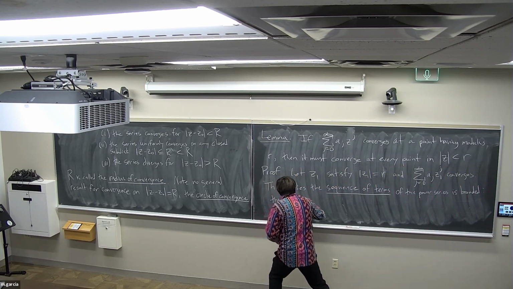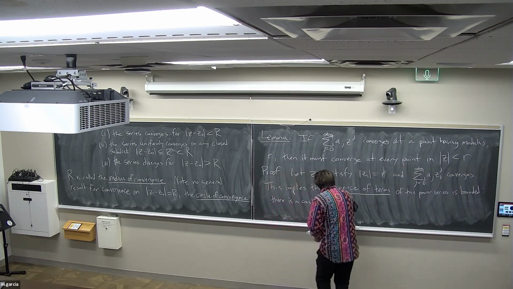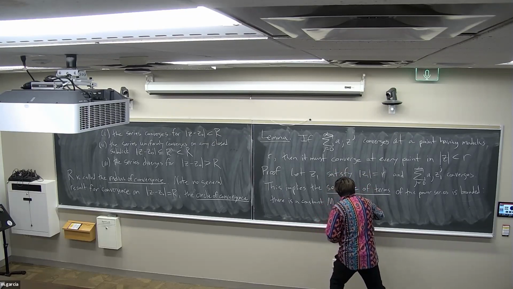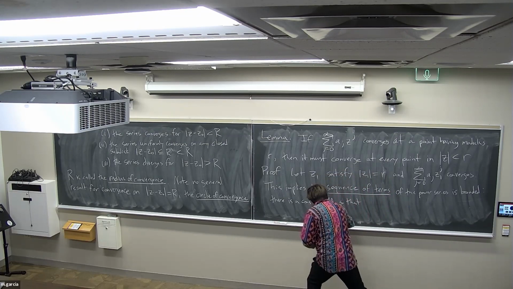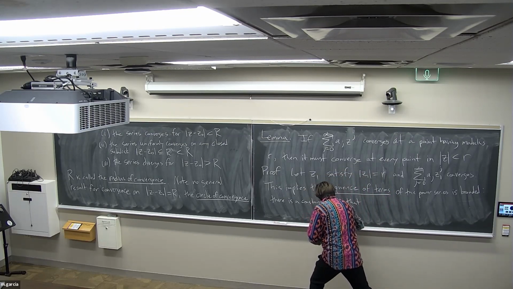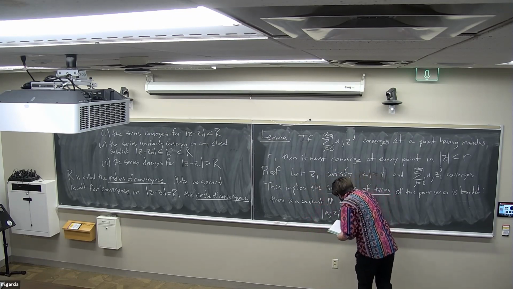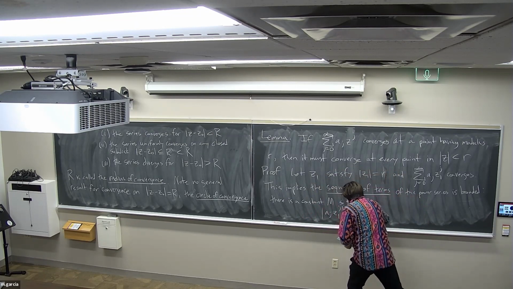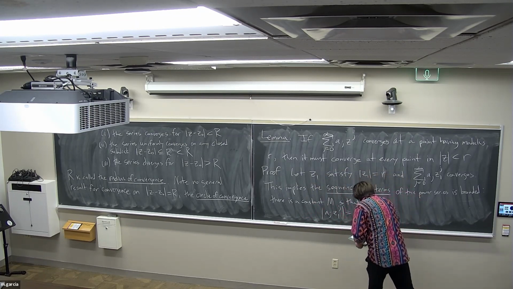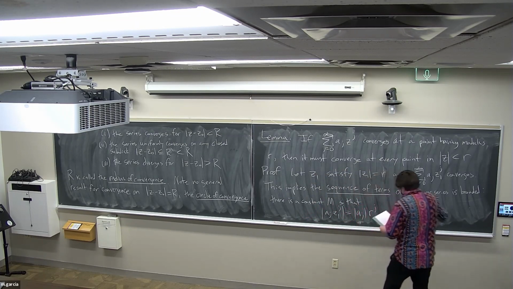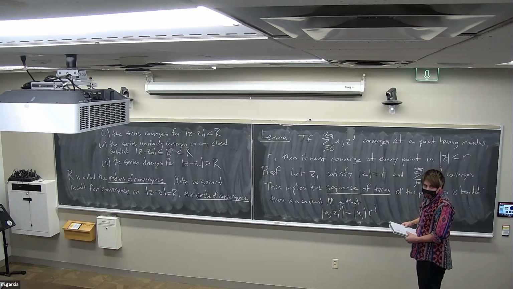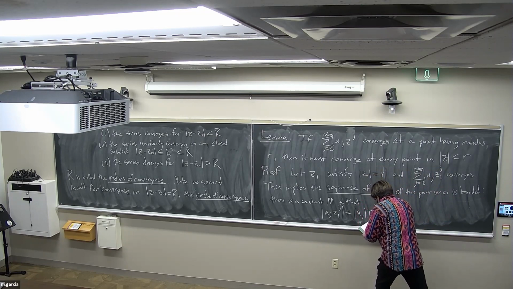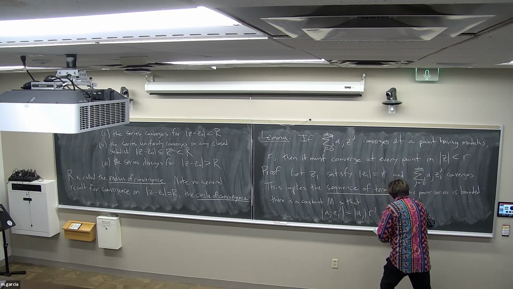There is a constant m so that if I take the modulus of the jth term, after plugging Z1 in, I know that this is just the modulus of the coefficient a sub j times r raised to the j, by our assumption that the modulus of Z1 is r, which is less than or equal to m for all j.